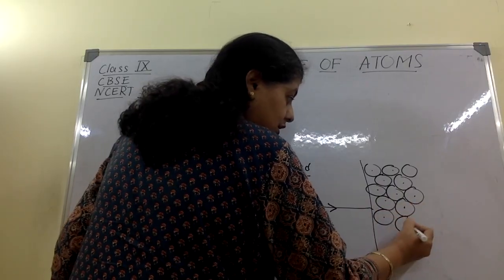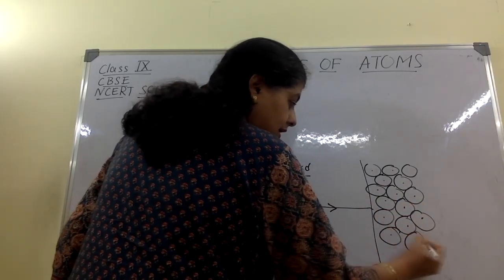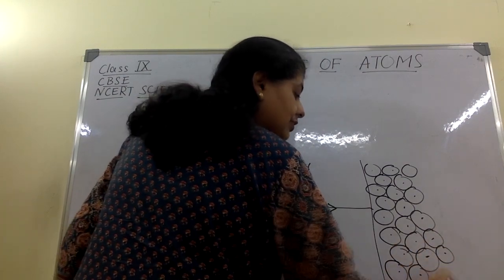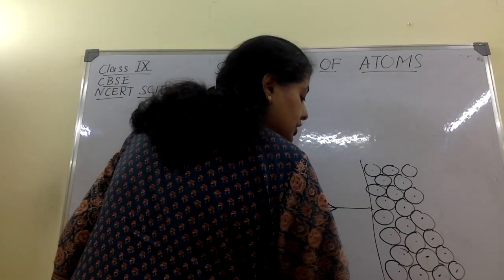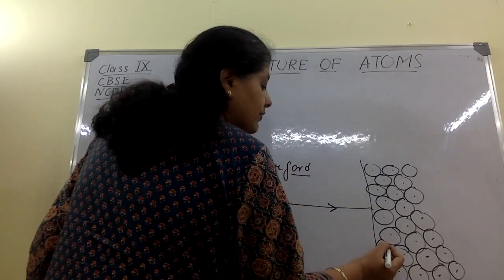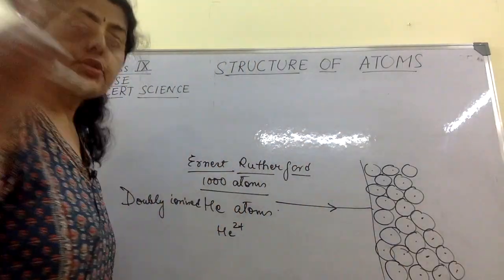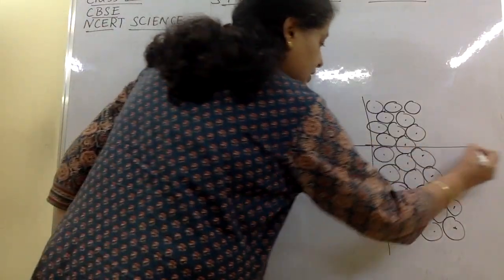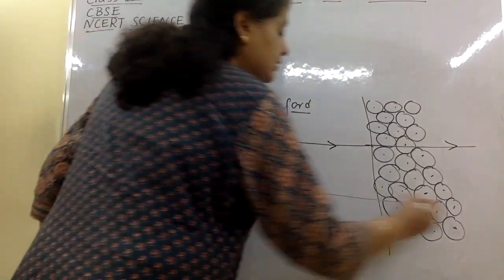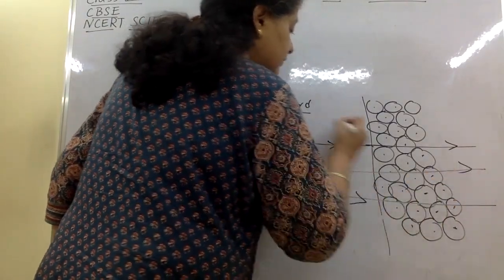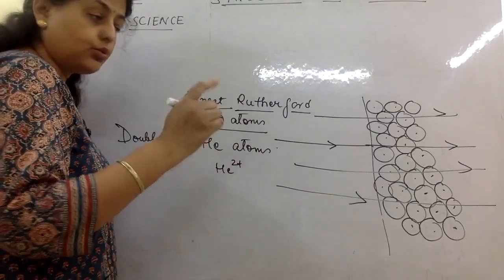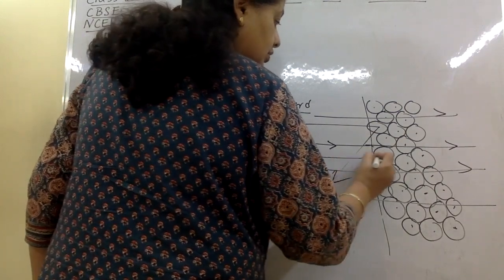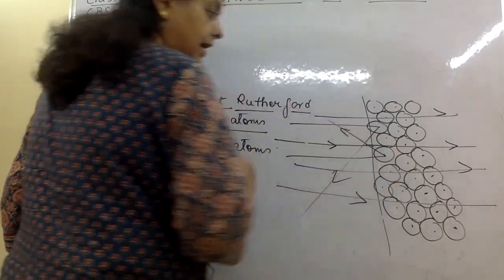When he shot these doubly ionized helium atoms at the gold foil, there were 3 types of observations. Let's talk about that. Most of them passed straight through the foil. Few got deflected through an angle.